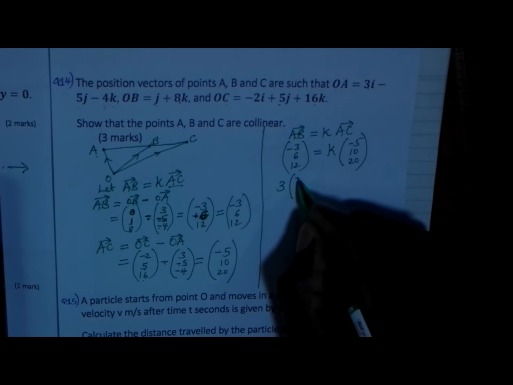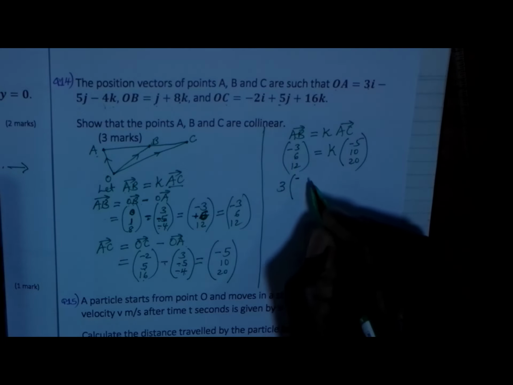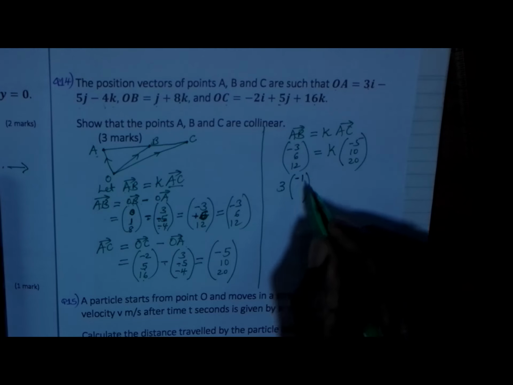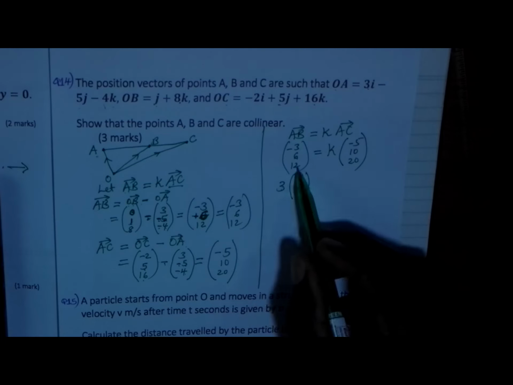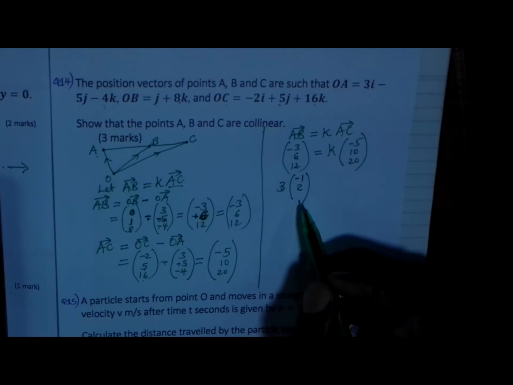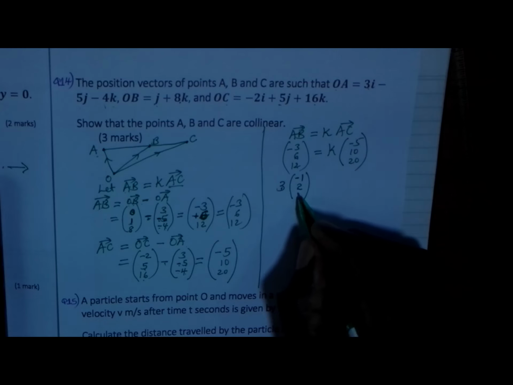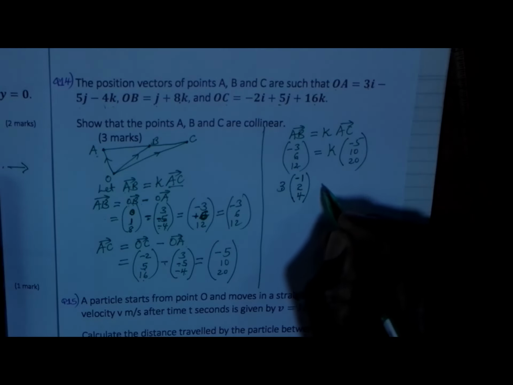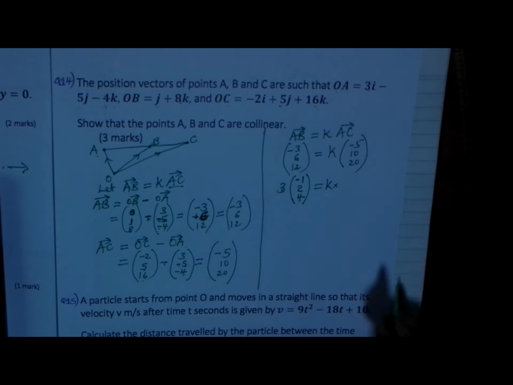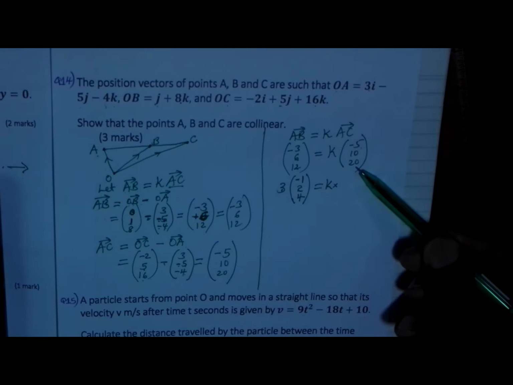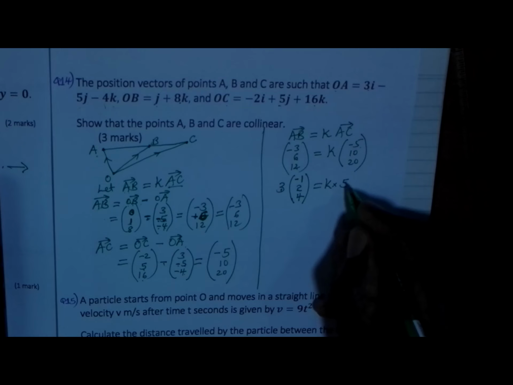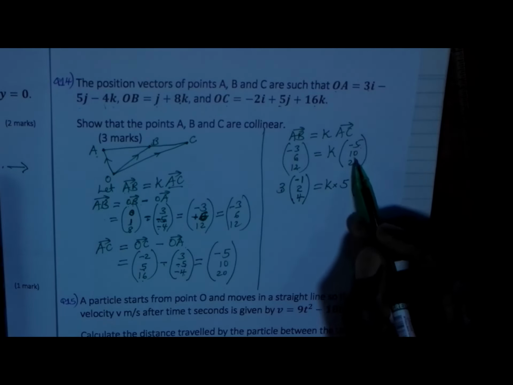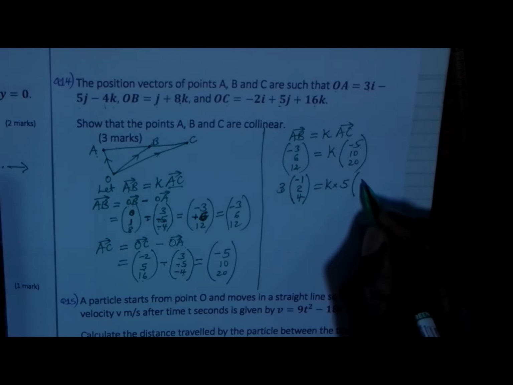Therefore we have minus 3 divided by 3, so minus 1, 6 divided by 3, we have 2, 12 divided by 3, that is 4, equal to k times, again, minus 5, 10, 20. One thing is common, 5 is common to all, so we have 5. So minus 5 divided by 5, minus 1.